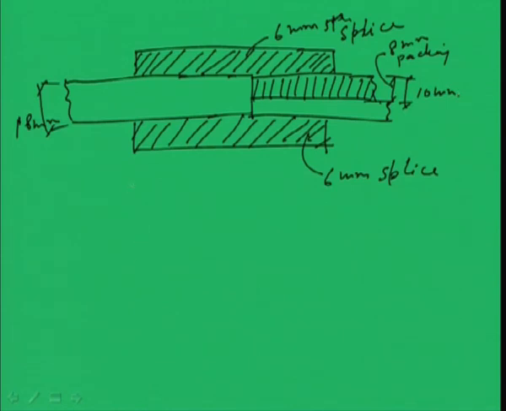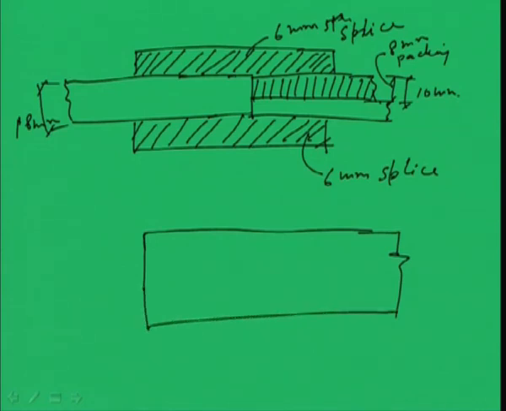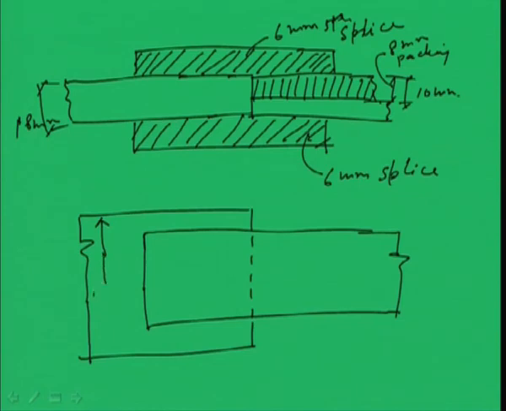Now if we see in the plan, another is, so if we see in the plan, this is basically 250 millimeter and this is 200 millimeter, this was 200 millimeter, right.